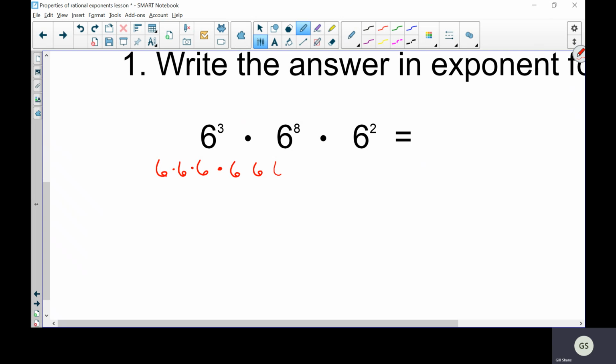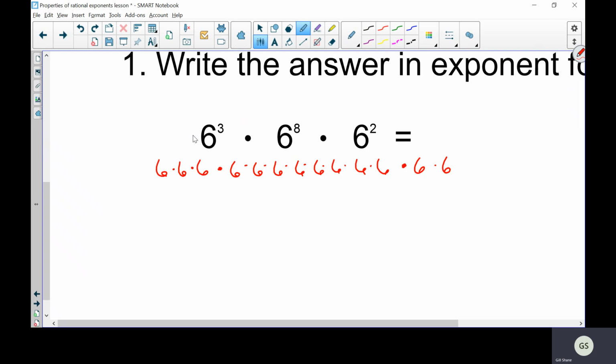That would mean 6 8 times. And then the last term is 6 twice. And then we'd have little multiplications in between. So that's what that problem is really saying. It's just multiplying 6 out a whole bunch. That's all it's doing.